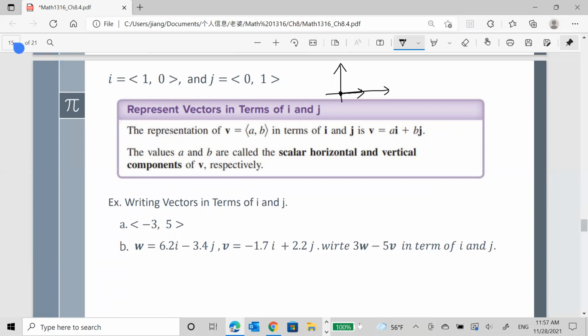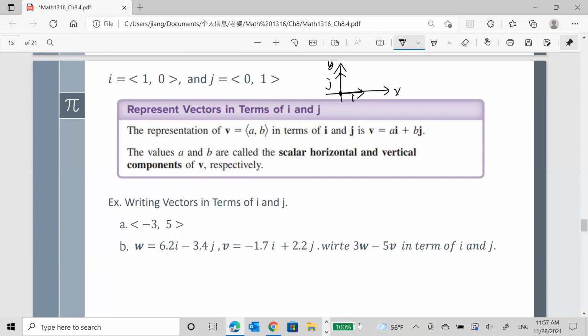And then j is from initial to here. This is i, this is j. So they are very special in standard position. One is on the x-axis. One is on the y-axis.